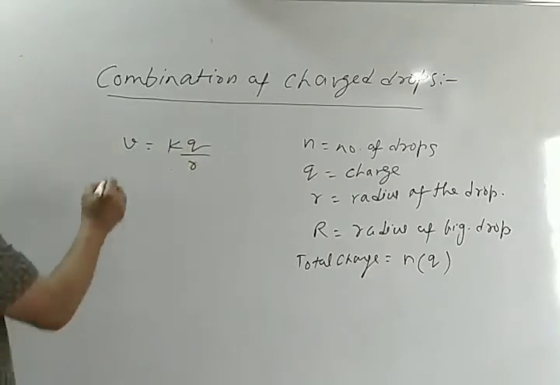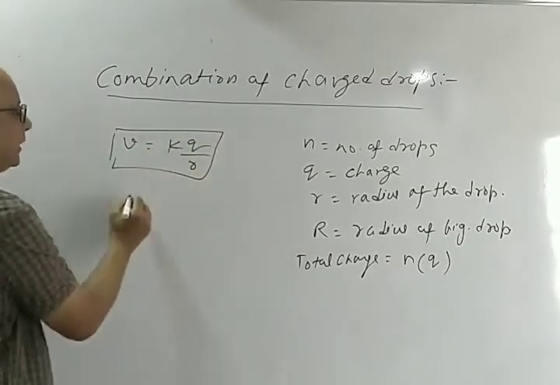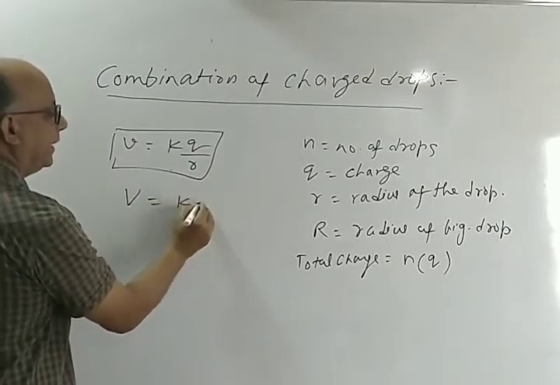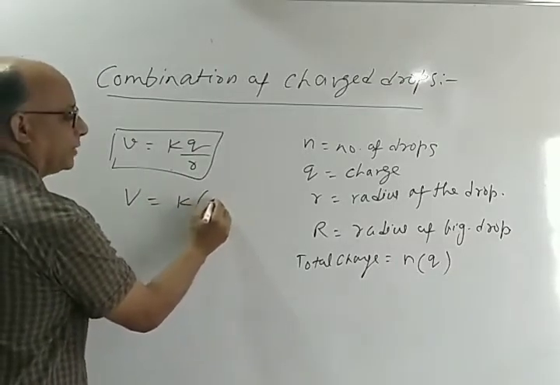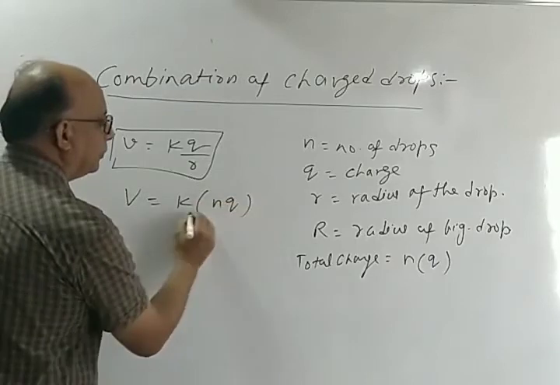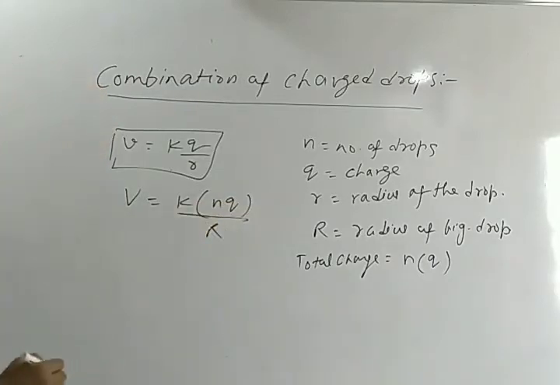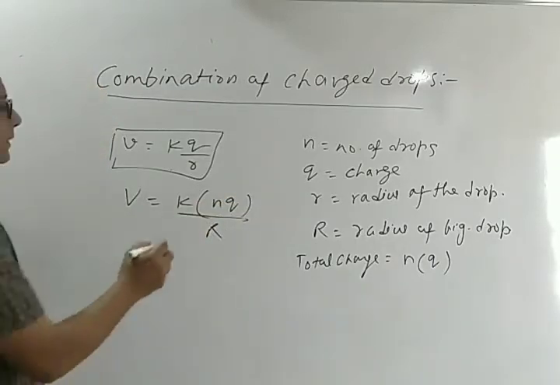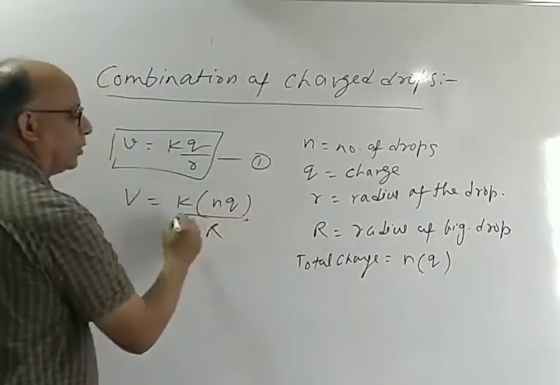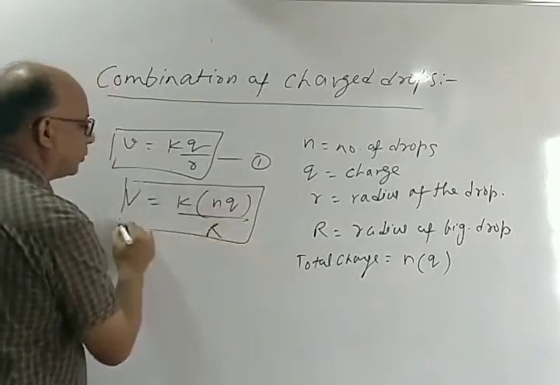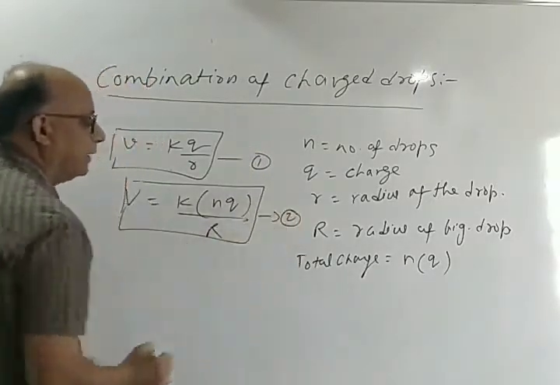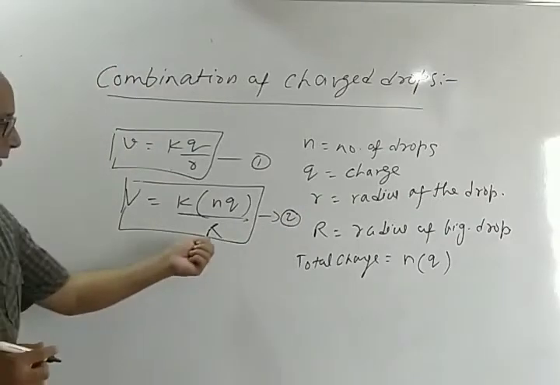Correct? And the electric potential due to the bigger drop is k times the total charge nq by capital R. Correct? This is the electric potential due to the smaller drop, and this is the electric potential due to the bigger drop. So what is unknown here is this radius R.